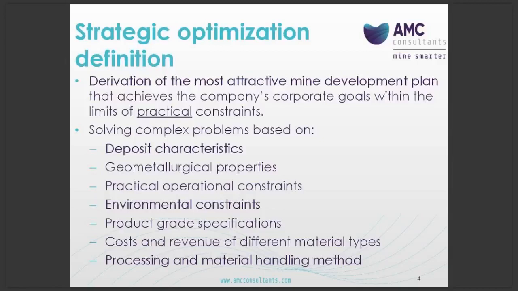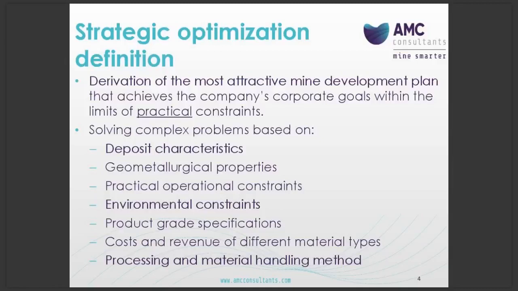So typically, strategic optimization involves solving complex problems governed by multiple variables and constraints, which often conflict with each other. And I've listed a few here. So you've got the deposit geometry and its associated grade distribution and strip ratio, geometallurgical parameters, which dictate recoveries and throughput rates for different material types.